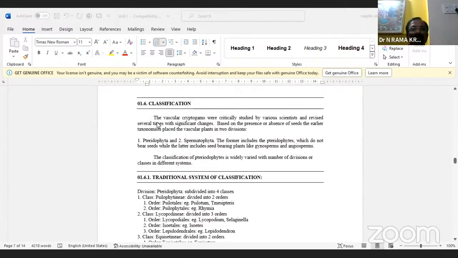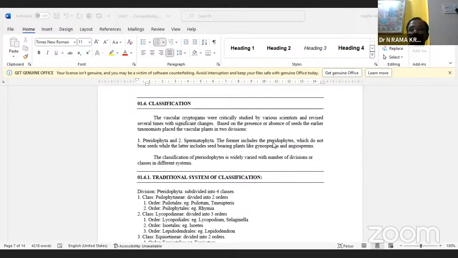Yes, this is the classification. The vascular cryptogams have been critically studied by various scientists and revised several times, with significant changes based on the presence or absence of seeds. Earlier taxonomies placed the vascular plants into two main divisions: Pteridophyta and Spermatophyta.